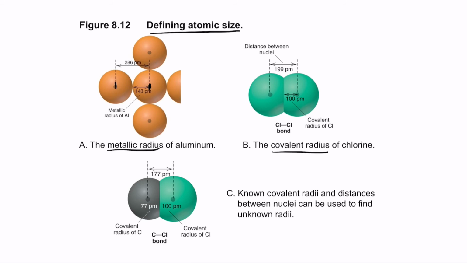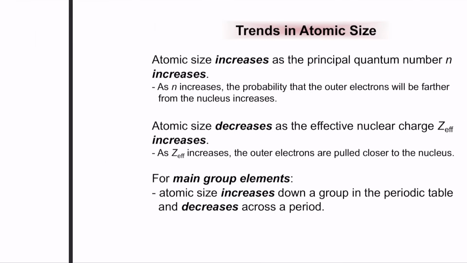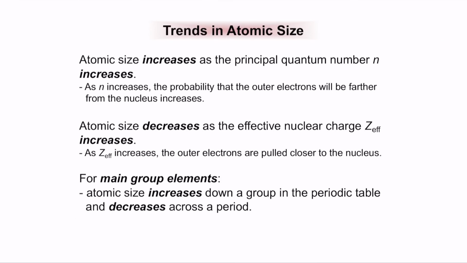Covalent radius is half the distance between the two nuclei of covalently bonded atoms. And knowing covalent radii and distances can be used to find unknown radii. So let's start with the first one, the trends in the atomic size.